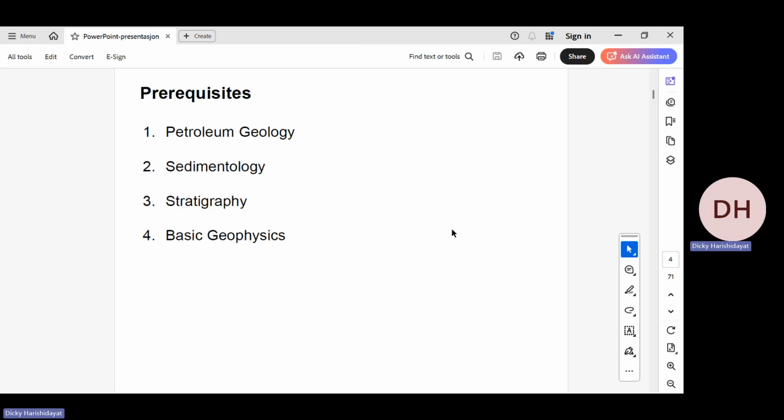Before you take this course, it's better if you have these prerequisites, like petroleum geology, sedimentology, stratigraphy, and also basic geophysics.